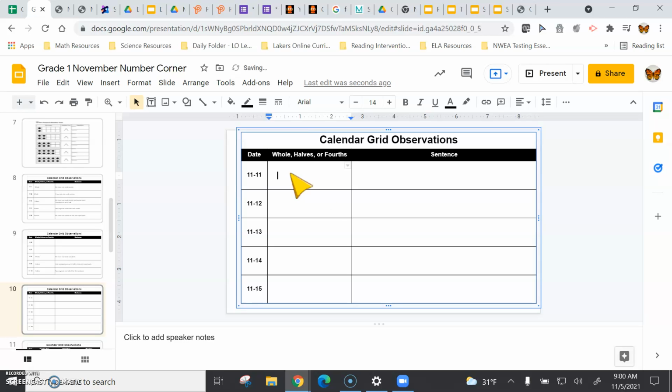So we have fourths here. We'll write fourths. And then we will add, we have one sandwich cut into 4 equal parts.